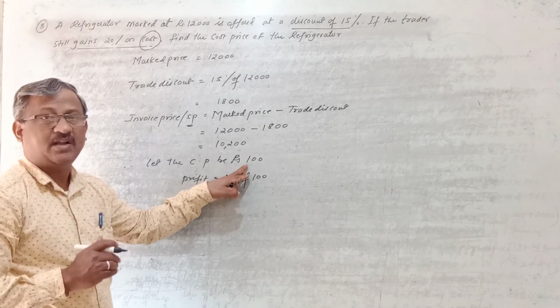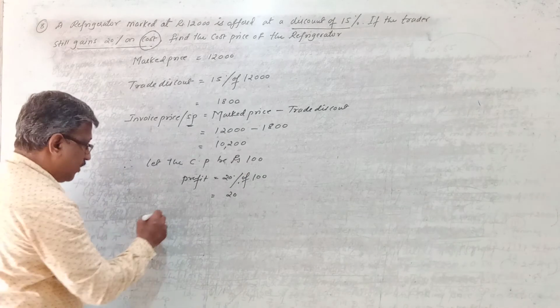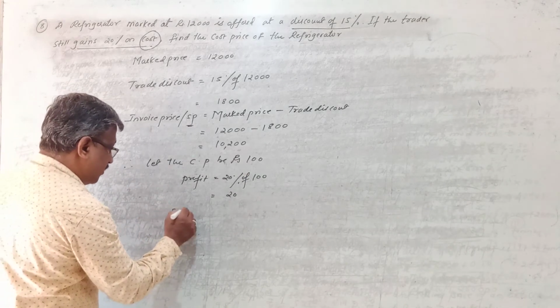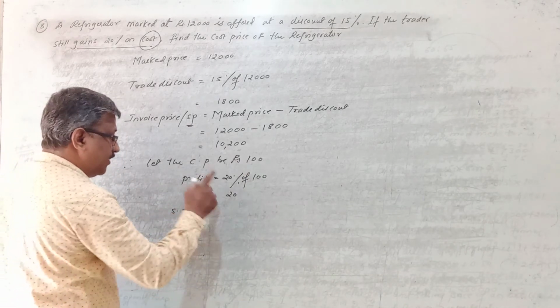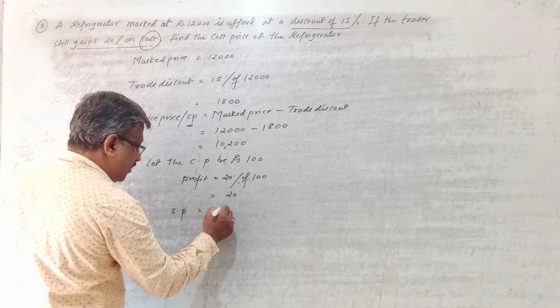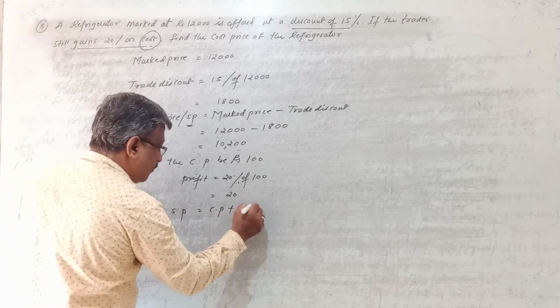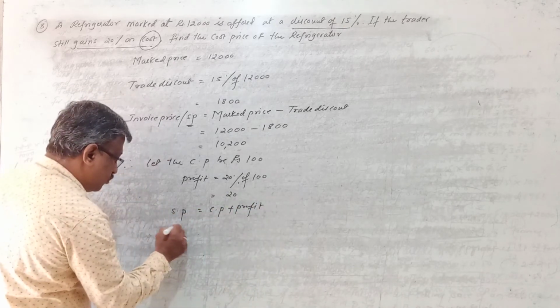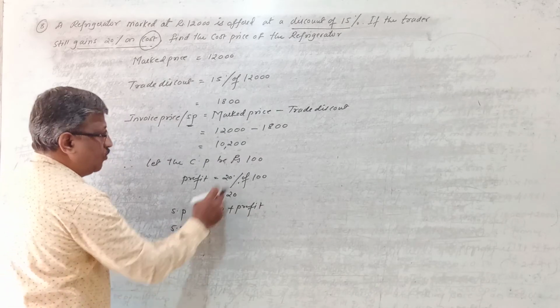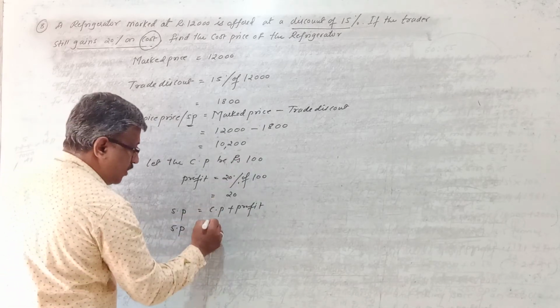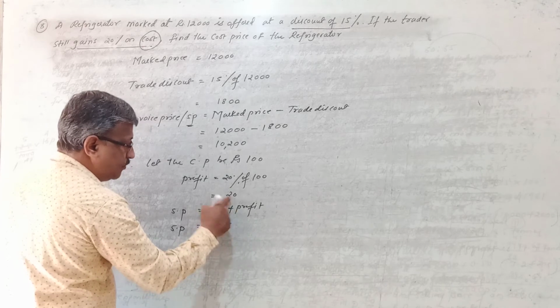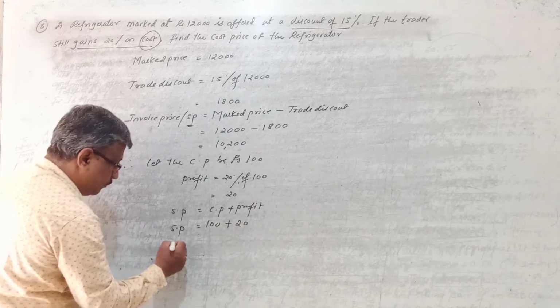So if you want to earn 20 rupees profit, you have to find at what price you have to sell that refrigerator. So now you have to calculate the selling price. How to calculate the selling price when there is a profit? Selling price is nothing but cost price plus profit. So selling price is equal to 100, the assumed cost price, plus 20 rupees, the profit we calculated.